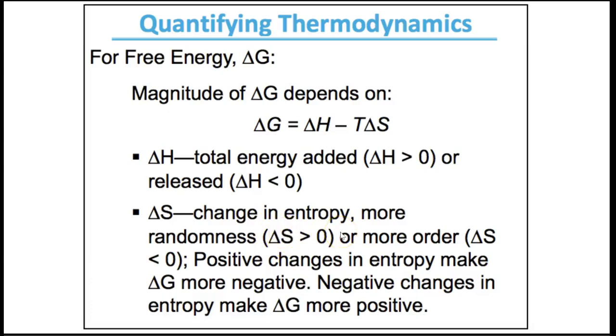And when you have more order or less disorder, that is when the entropy is less. And so positive changes in entropy make the Gibbs free energy right here more negative, so it's more spontaneous. And negative changes in entropy make the Gibbs free energy more positive, which is not as spontaneous.